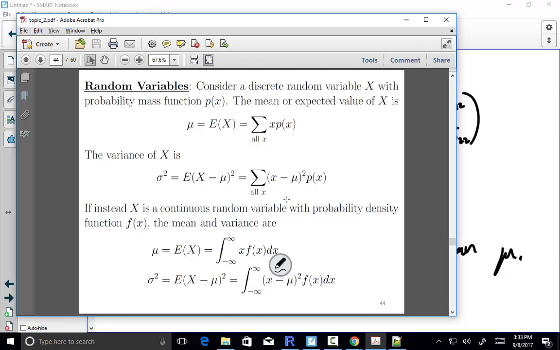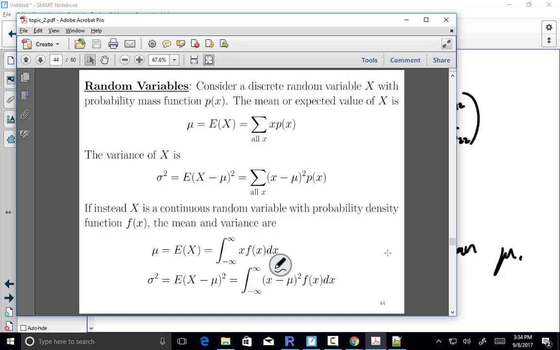This expression is just, again, showing the mathematical expression for expected value. The expected value is like a weighted average. It's the sum over all possible x's, the possible values of what you're trying to compute an expected value for, times the probability that it is that particular value. So again, it's like a weighted average, weighting by probability. What's at the bottom with the calculus is just the extension to when x is continuous.